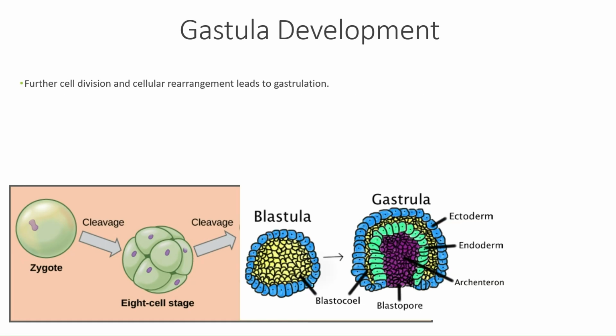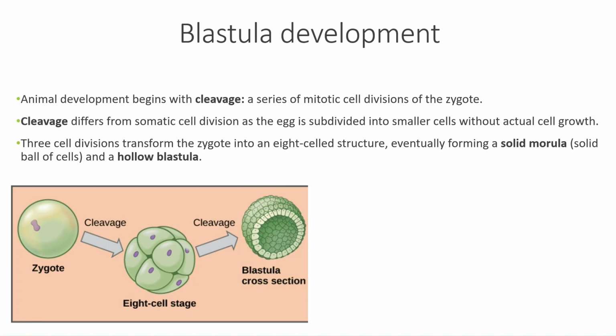Once established, the blastula creates the basic cellular arrangement, and this allows for the next major development event that we talked about on the last slide called gastrulation. But at this stage, cells are still relatively similar, but the dramatic diversification of cells is going to occur next.